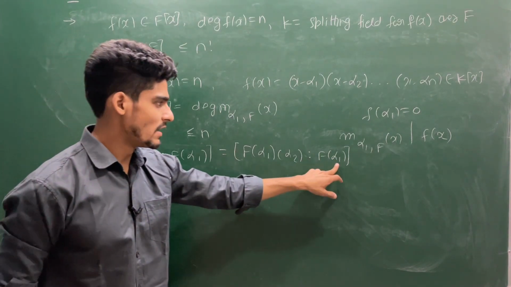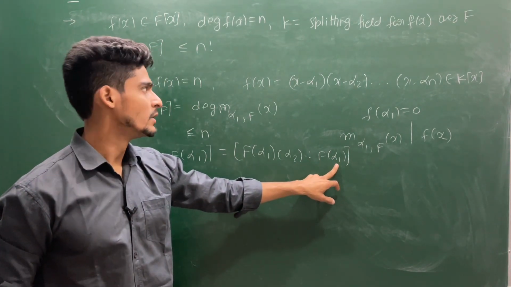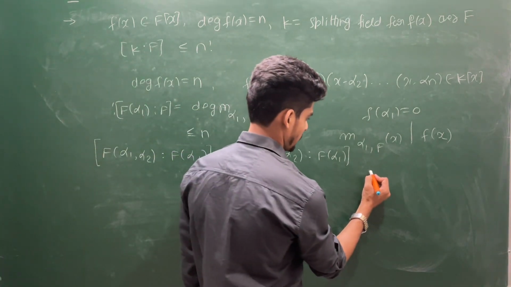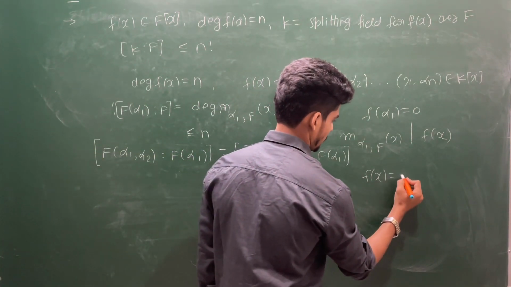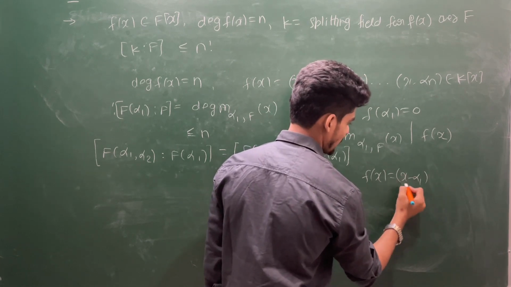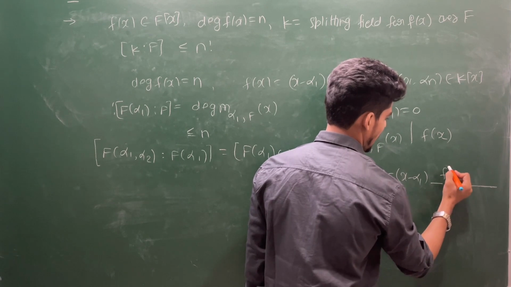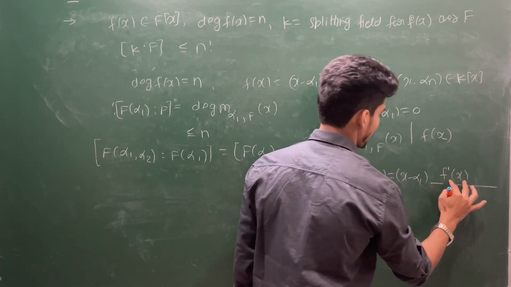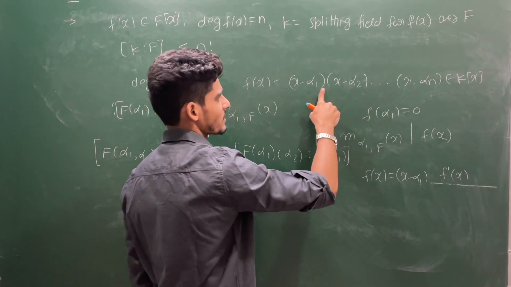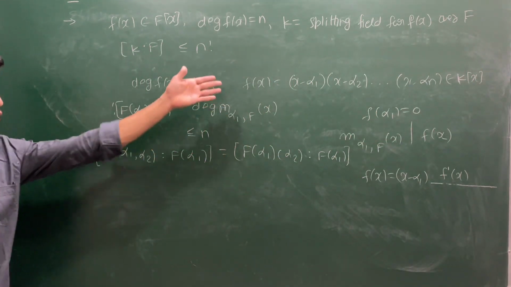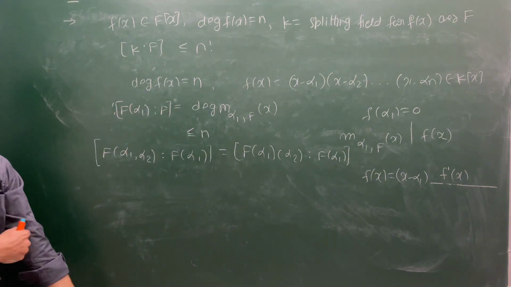This F(alpha 1) contains alpha 1 as a root. Now this f(x) you can think in this manner. You write (x minus alpha 1) separately, and say f prime(x) is (x minus alpha 2)(x minus alpha 3) up to (x minus alpha n). This is the whole sketch of the proof I am giving to you.